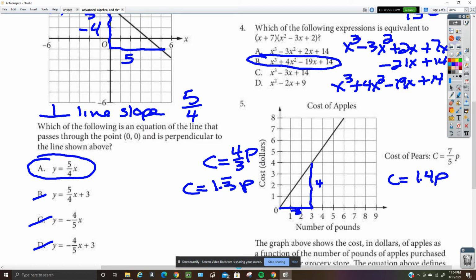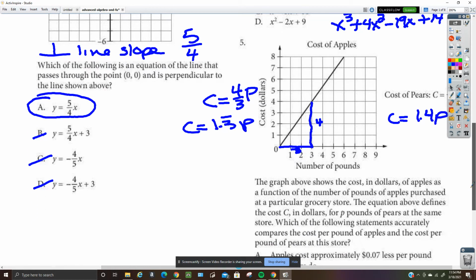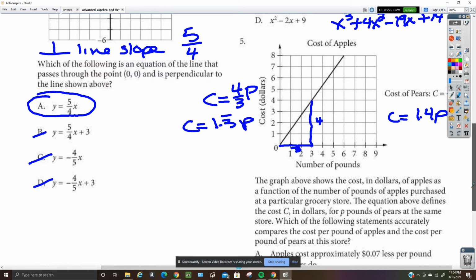So what it's saying is the graph above shows the cost in dollars of apples as a function of the number of pounds of apples purchased at a particular grocery store. The equation above defines the cost C in dollars for P pounds of pears at the same store. So C is equal to 7/5 P. If I wrote the equation for the apples, it would be C equals 4/3 P. So the apples are about $1.33 per pound, and the pears are $1.40 per pound.